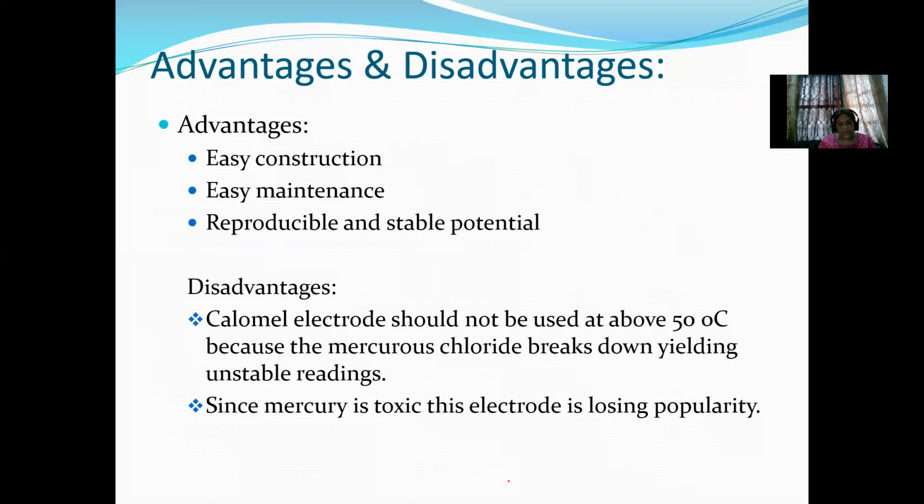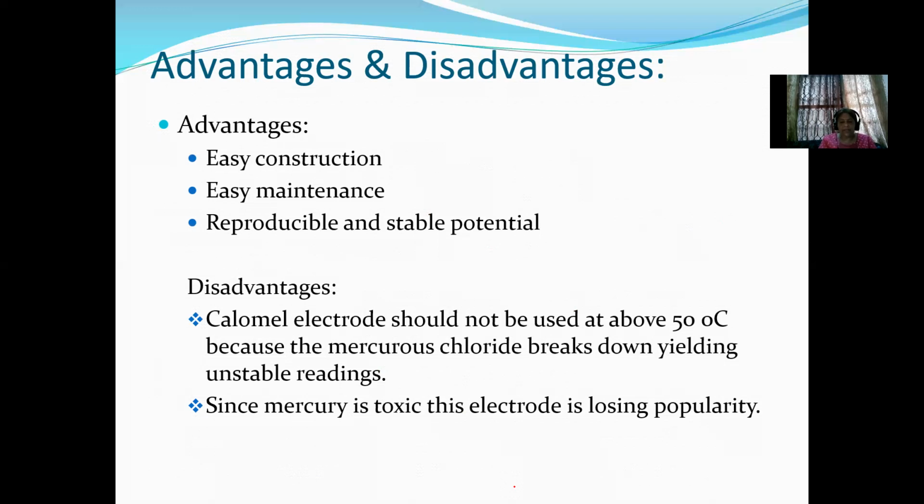The only disadvantage or demerit of the calomel electrode is that it uses mercury. Earlier we were not aware of the toxicity of heavy metals. Mercury is a heavy metal, it is toxic, it has plenty of health hazards.